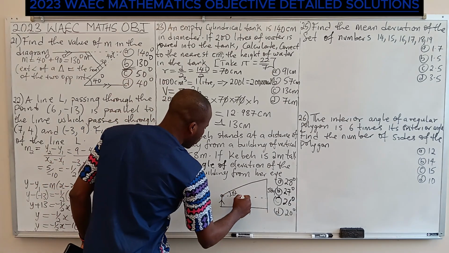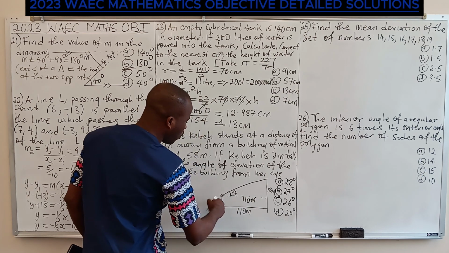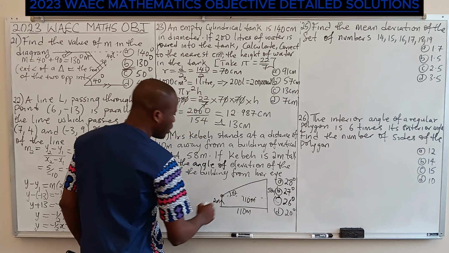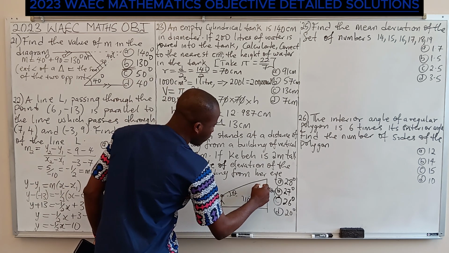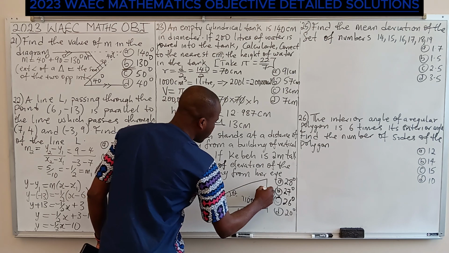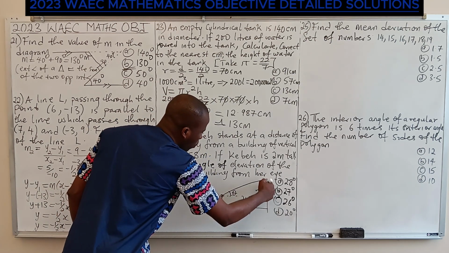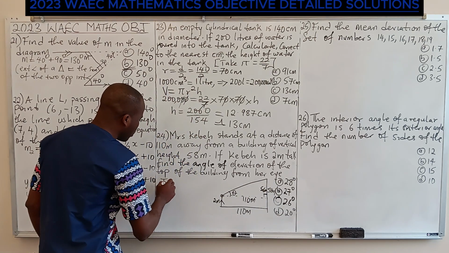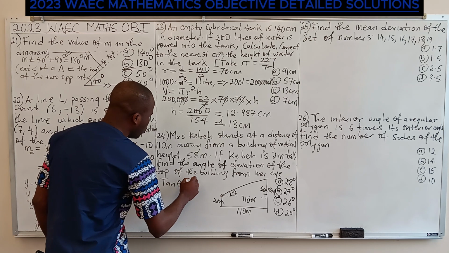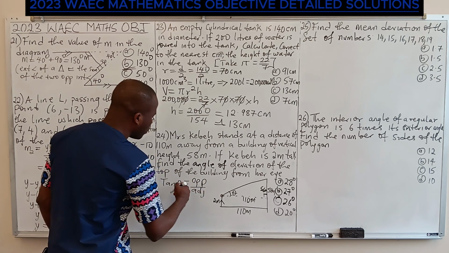Now, you know that this is also 110 meters. And because she is 2 meters, the height of this will be 58 minus 2 meters, which is 56 meters. So we have opposite over adjacent, which is tan. So we're going to use tan theta, which is opposite over adjacent. We're looking for theta.